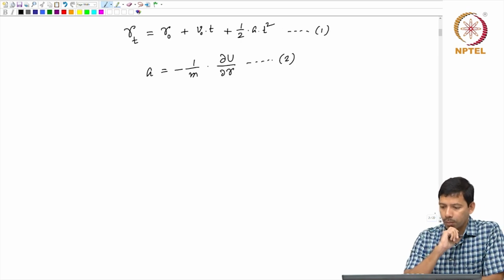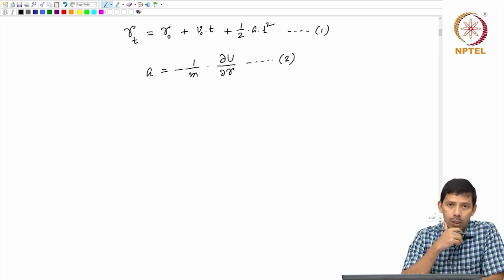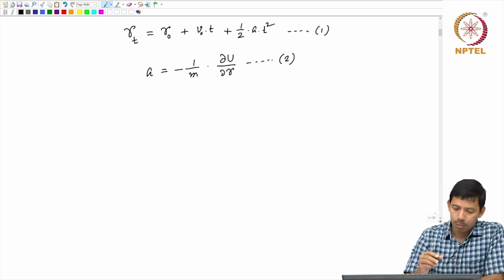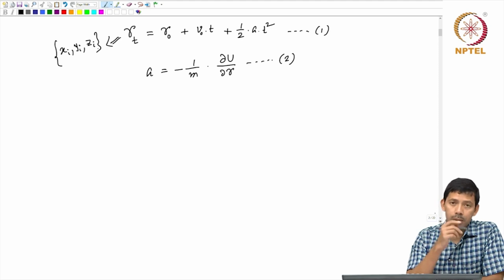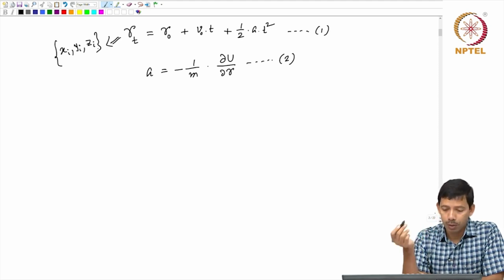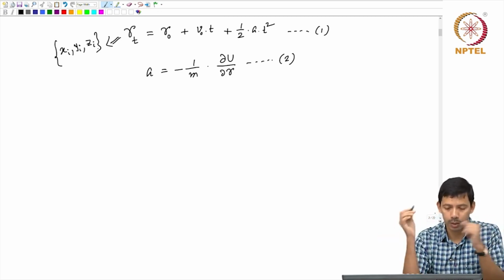These two are the primary equations in my molecular dynamics simulations. Our ultimate goal is to get Rt, which is nothing but a set of x, y, and z coordinates, and they basically define the location of each atom in your system, and when you put all these atoms together, then you see your whole system.